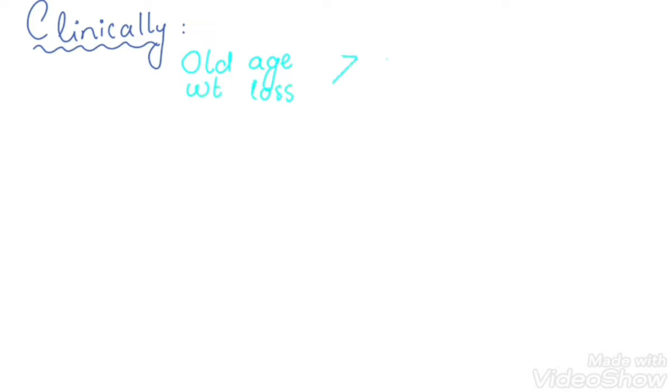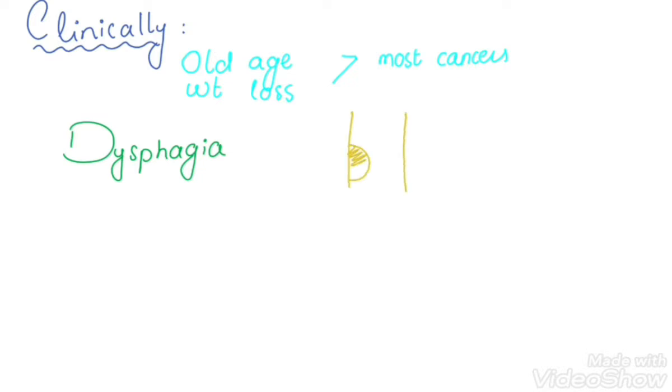Clinically, the person with carcinoma esophagus is of old age and shows weight loss like all other cancers. Apart from it, the obstruction to food passage causes dysphagia. Dysphagia here is initially for solids and later it develops for liquids.